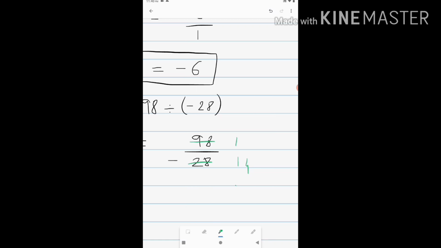So 2 4s are 8, carry 1 and 2 9s are 18. So my new numerator and denominator has become 49 and 14.